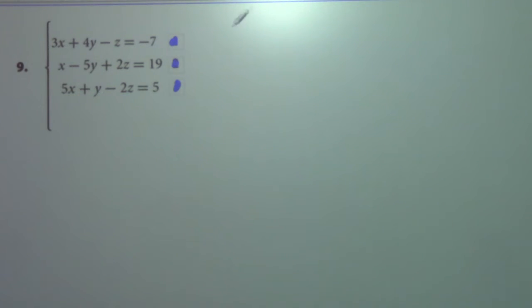But in working out an augmented matrix, it's going to be something like this, where you just take the numbers of the variables: 3x, 4y, and -1z, and then you have -7 over here for a fully augmented matrix.